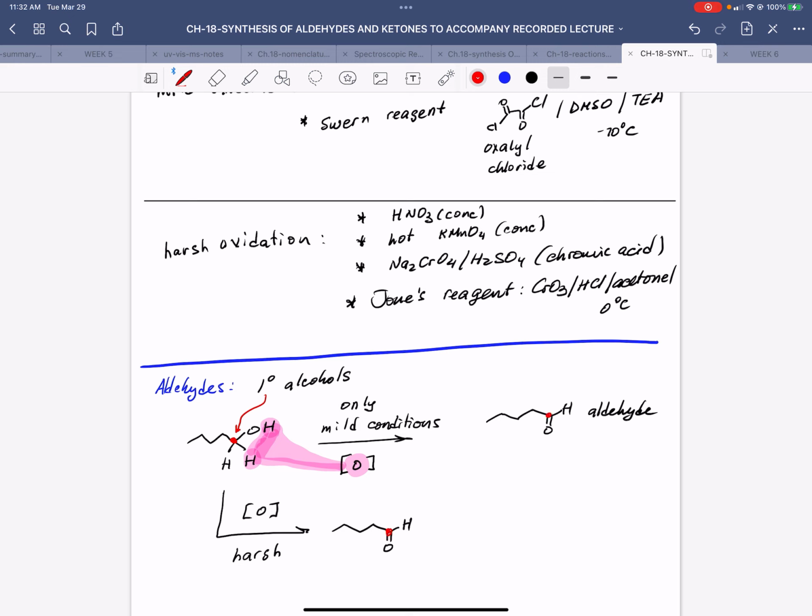Okay, so under harsh conditions, we will get oxidation further, and we will produce a carboxylic acid. And because that's not the goal, we want to go with mild conditions only. Okay?